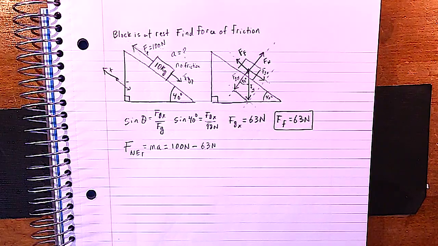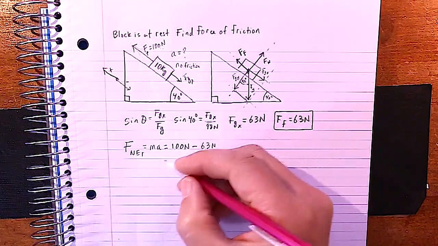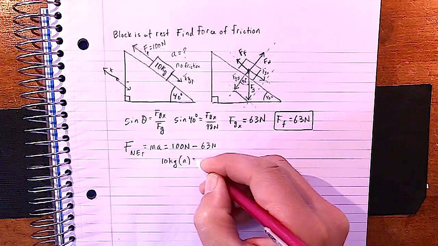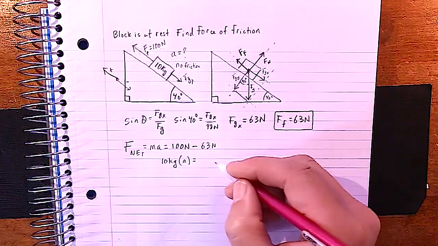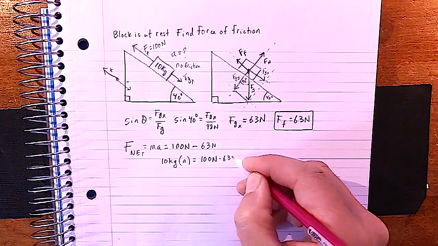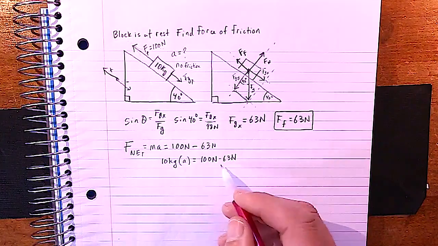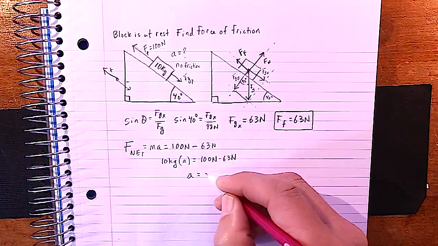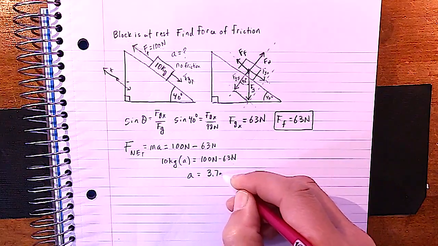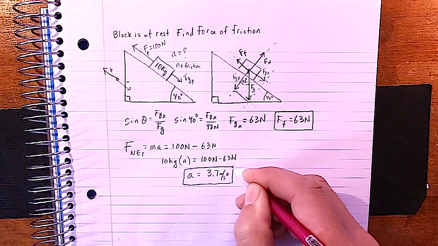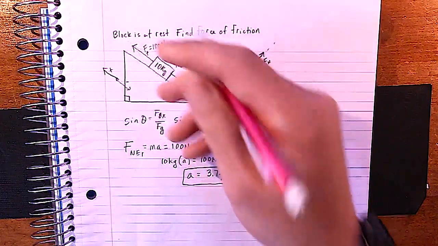So what's the mass of the block? We have 10 kilograms times a equals 100 minus 63. And when you subtract these and divide through by 10, the acceleration comes out to 3.7 meters per second squared. It comes out positive, which tells us that the acceleration is up the plane.